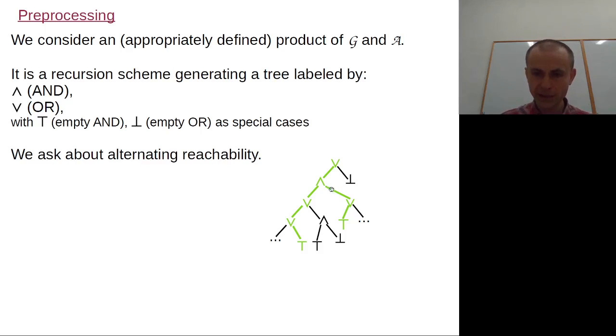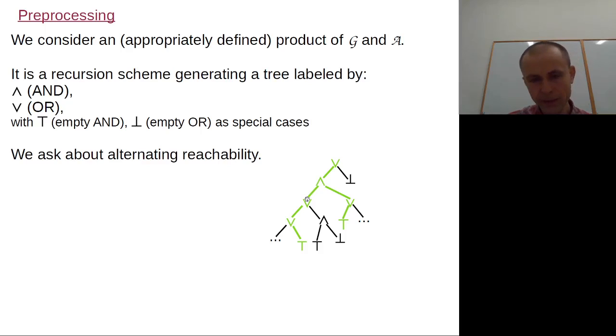And we ask about alternating reachability, which is shown on this example. We want to find such a subtree, such a skeleton, that witnesses that this tree should be accepted. In an OR node, we just go to one child. In an AND node, we have to go to both children. Here we have OR, so we go left, and here is top, which is accepting.